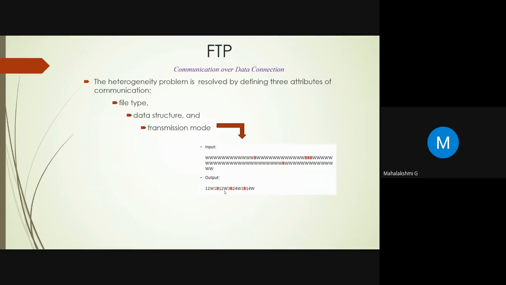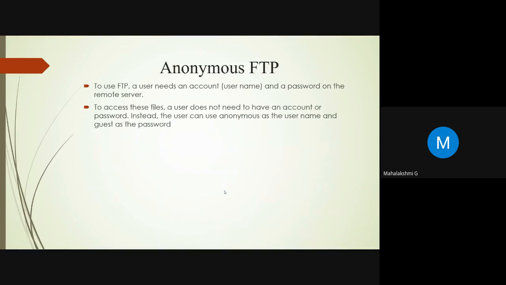But on some sites, we have a set of files available for public access, called anonymous FTP. To access these files, the user does not need to have an account or password. Instead, the user can use anonymous as the username and guest as the password.